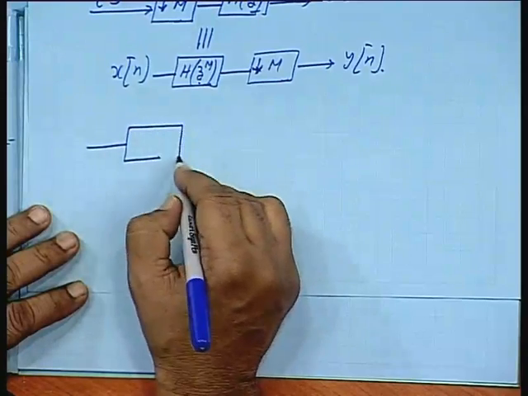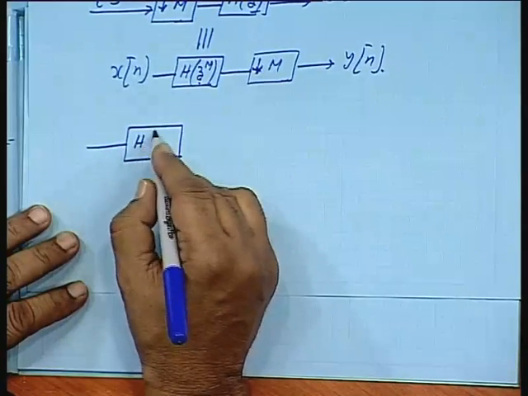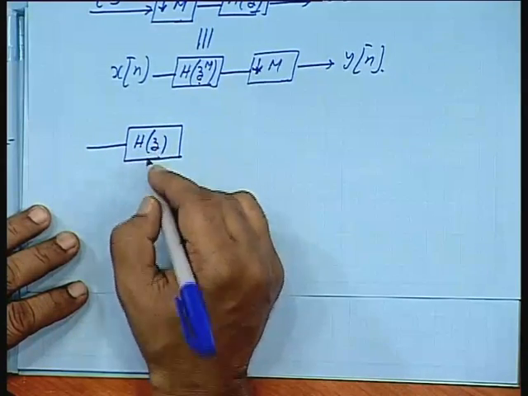Now, when you are going for a decimator, you require a low pass filter. This we saw earlier. Why do you need a low pass filter? That is an anti-aliasing filter. Okay. For downsampling, you require a low pass filter. Let this be some Hz.